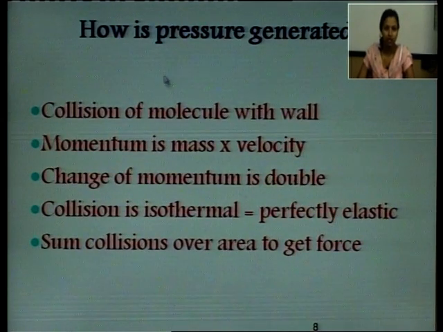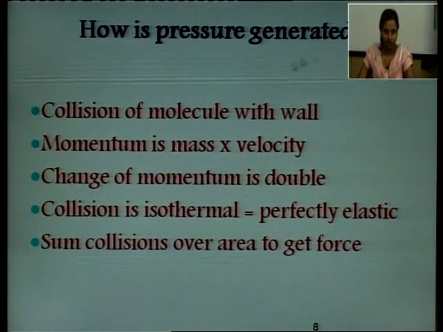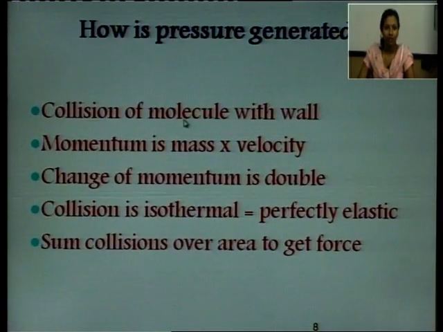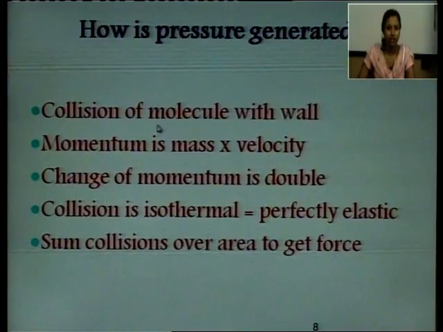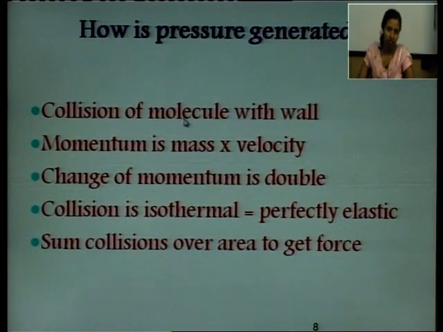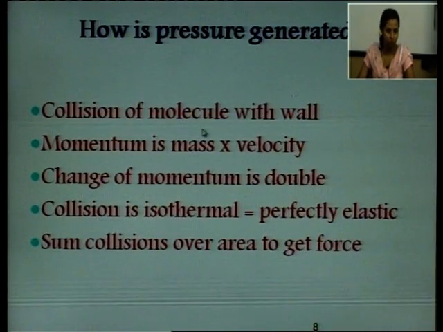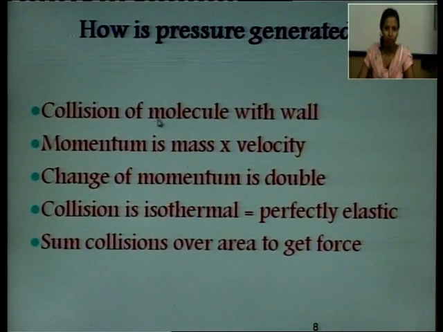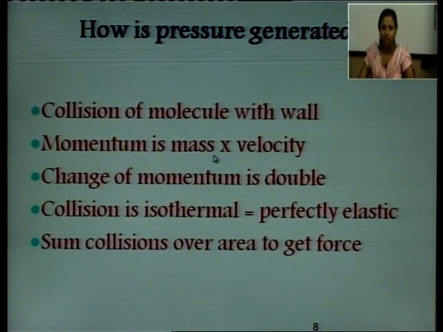Next slide is how the pressure is generated. We know when a molecule collides with the wall, there is some pressure from each gas molecule on the wall, because they are exerting some force on the wall, and momentum we know is mass into velocity.